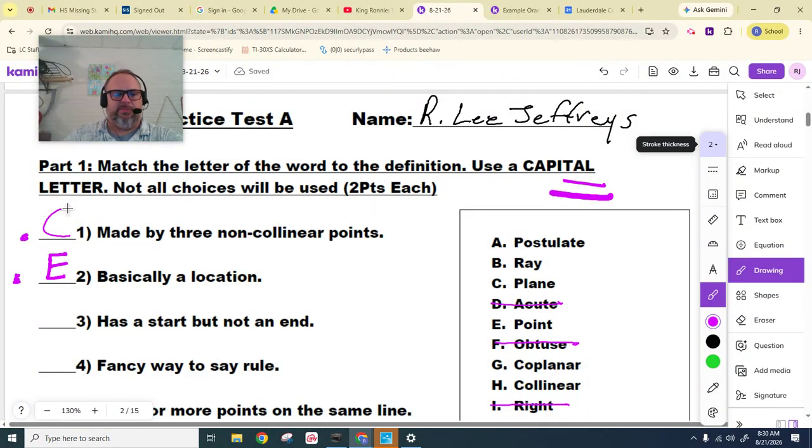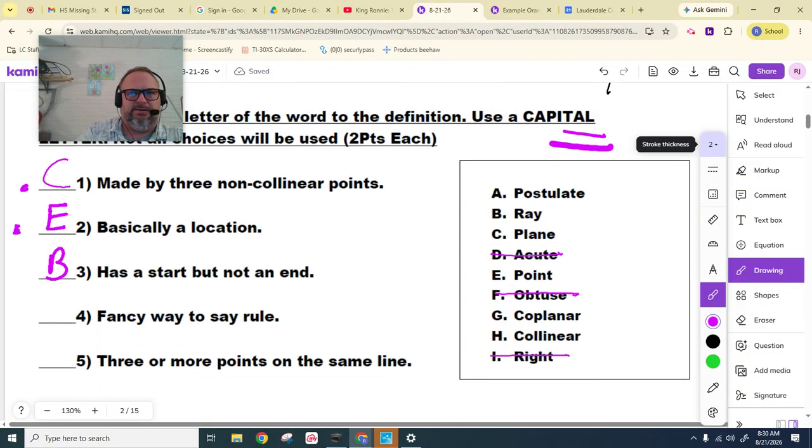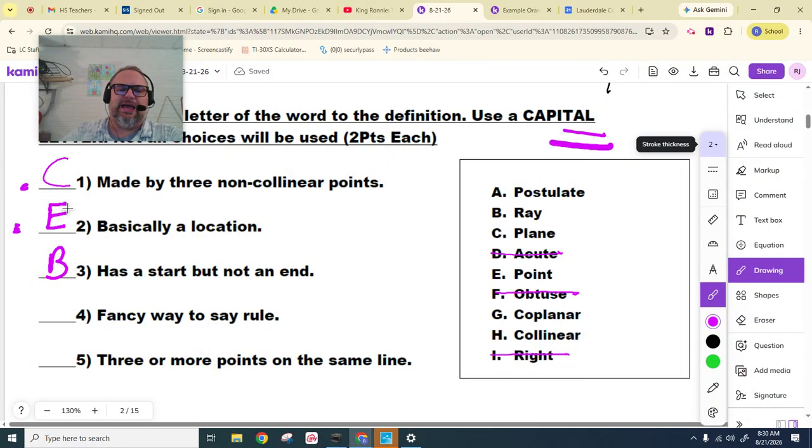Has a start but no end. Ray. A fancy way to say rule. A postulate. Three or more points on the same line. Collinear. H. All right.